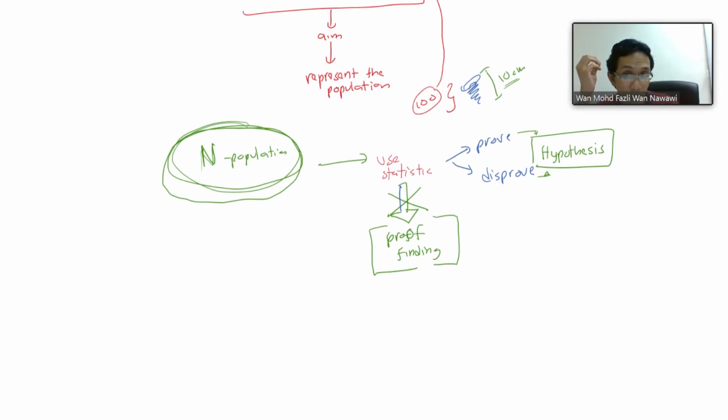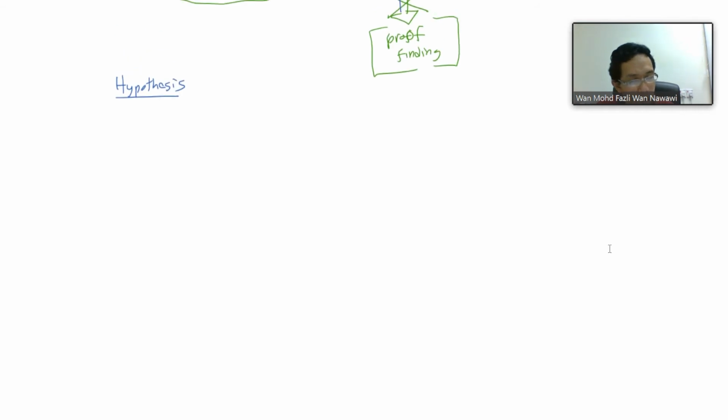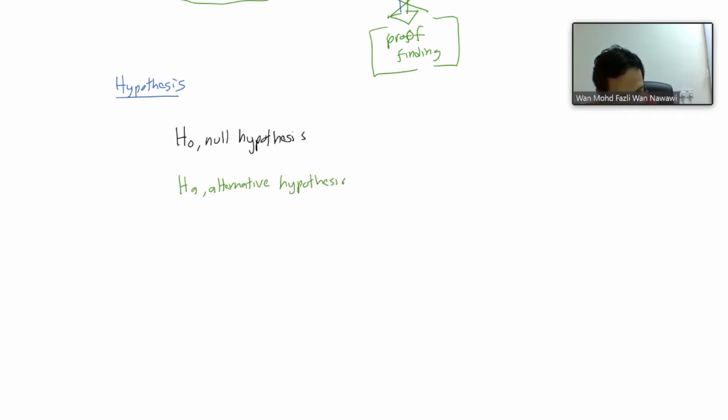Whenever you read any statistical book, you hear about the null hypothesis, right? H naught is the null hypothesis, and then you have another one, HA, which is the alternative hypothesis.